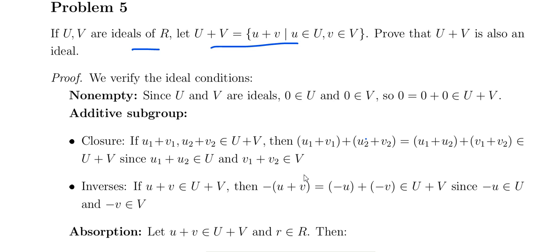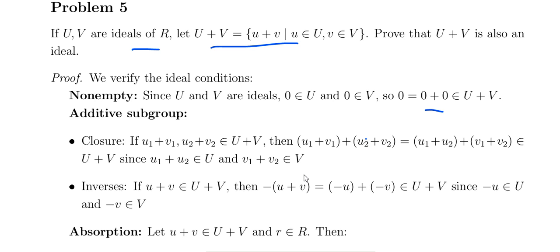First, since U and V are ideals, 0 belongs to U and 0 belongs to V, so 0 equals 0 plus 0, which obviously belongs to U plus V.